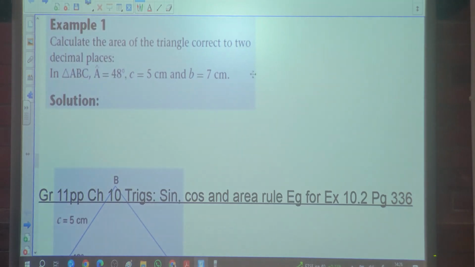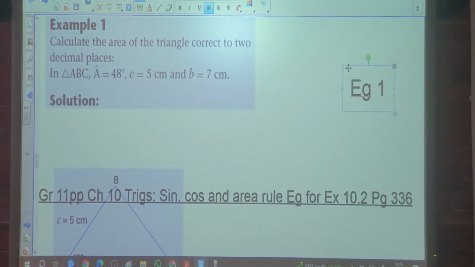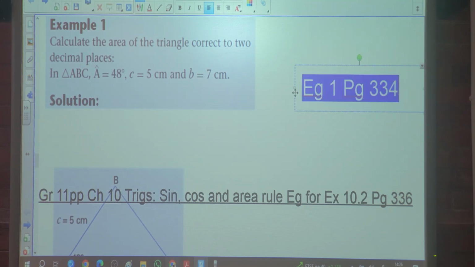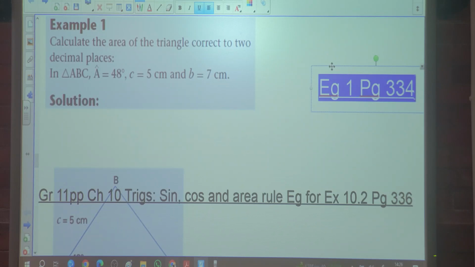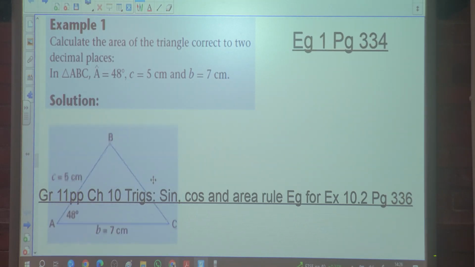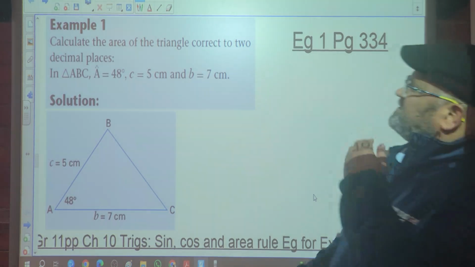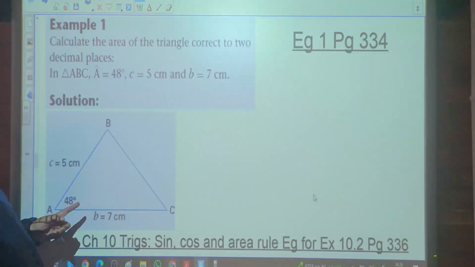People, example 1 is on page 334. Right, so here we are told, calculate the area of triangle ABC to two decimal places.